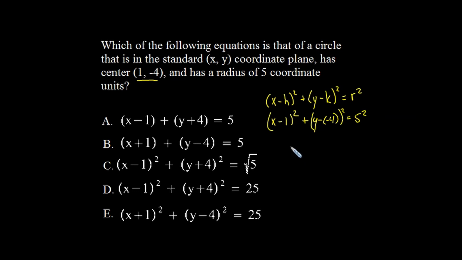So real quick, you can see that the answer is going to be D, (x - 1)^2 + (y + 4)^2 = 25. You can see these others are going to be distractors. They don't have the squared on them at all. And this one, maybe you thought that was going to be the square root of 5. And this one plugged in the points directly, but D is the answer there.